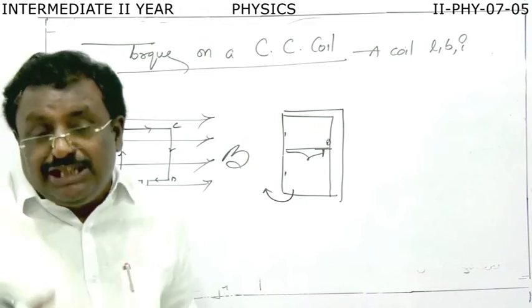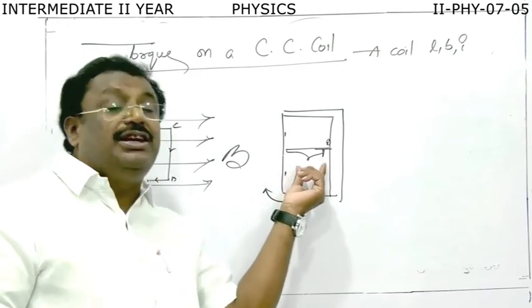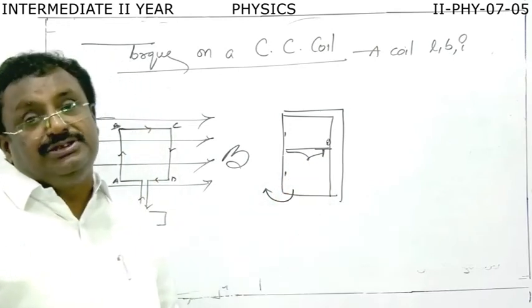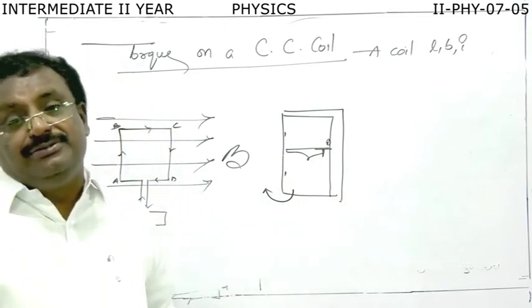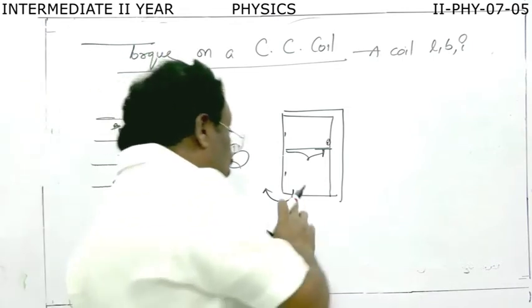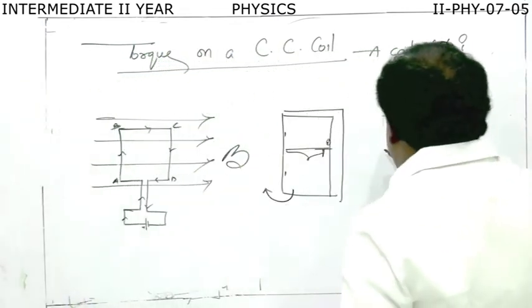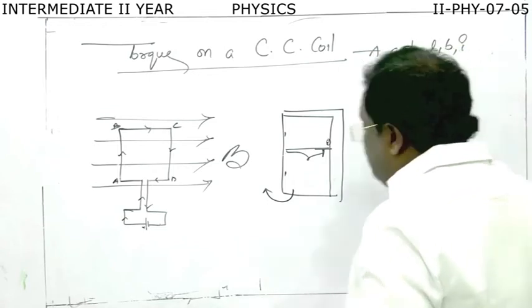So to produce turning effect, along with force, you also need this perpendicular distance. That is why the product of these two is called torque. So to produce turning effect, if you take a crowbar, here a heavy stone is there.